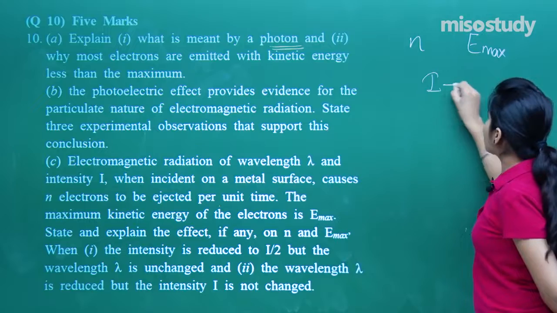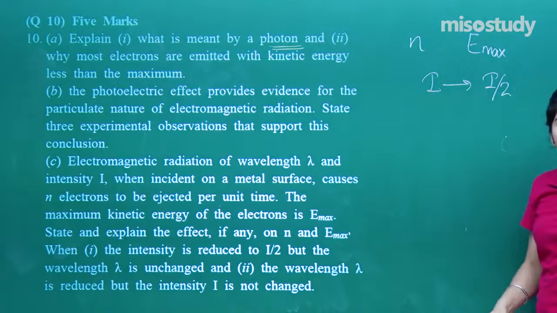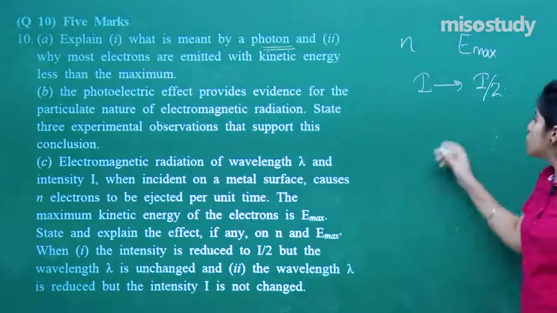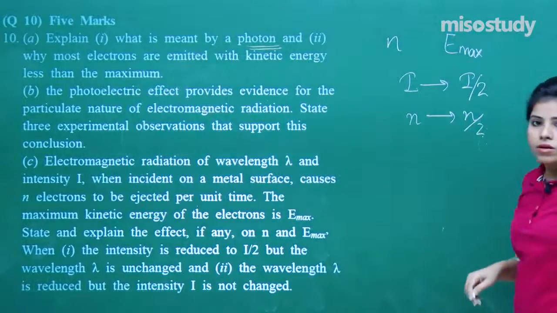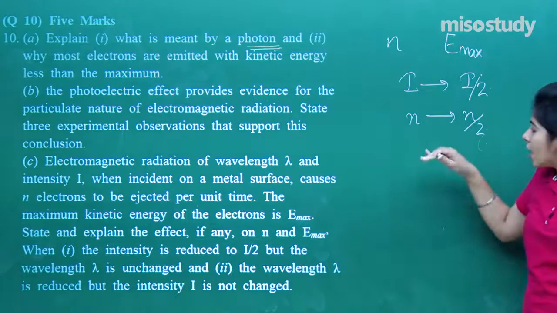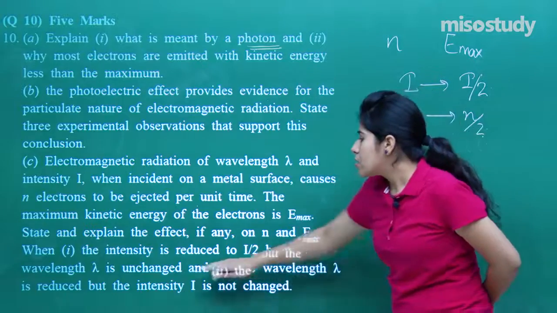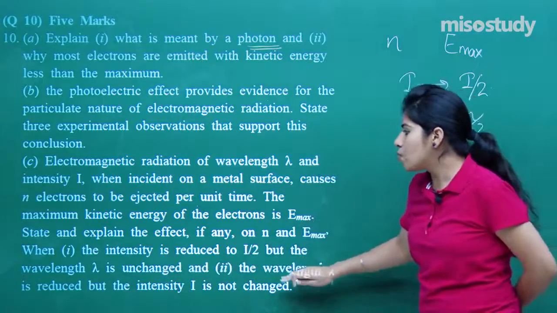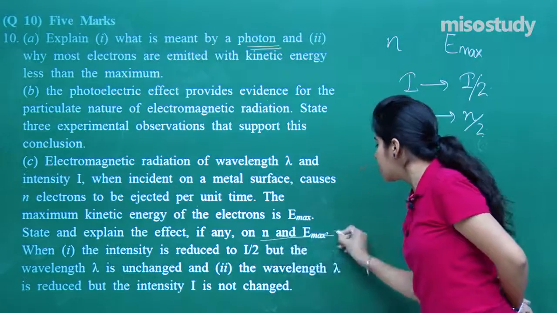See, the intensity is reduced to I by 2, that means the number of photons will be reduced to n by 2, right. Now, since n is reduced to n by 2, what do you have to check here? The intensity is reduced to I by 2, but the wavelength is unchanged, and you have to tell the effect on n and Emax.